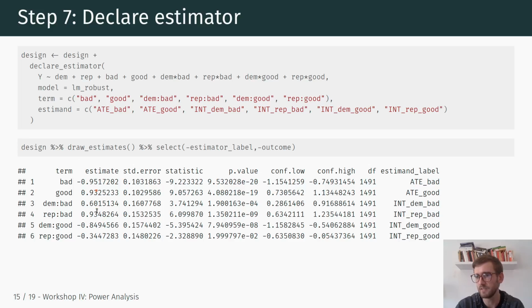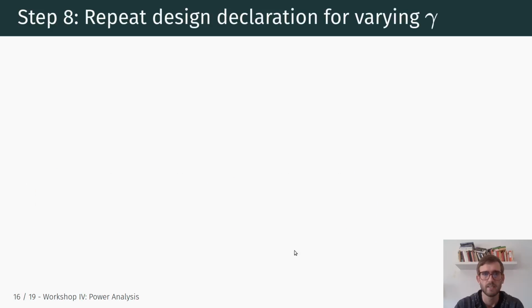So these are now the regression coefficients for the specific terms that we wanted to extract, and we already attached which of these estimates the specific regression coefficients should be matched to, right? The average treatment effect of bad and good, or the positive and negative frame, and the respective interaction terms. Okay.